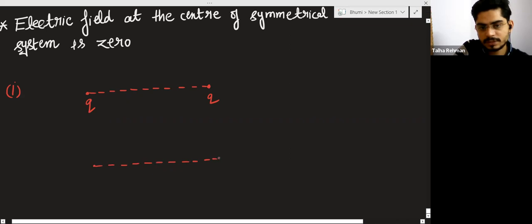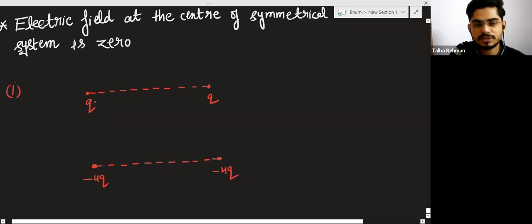A symmetrical system means both charges are equal. So in this case, the neutral point will lie at the center of the line joining the two charges.